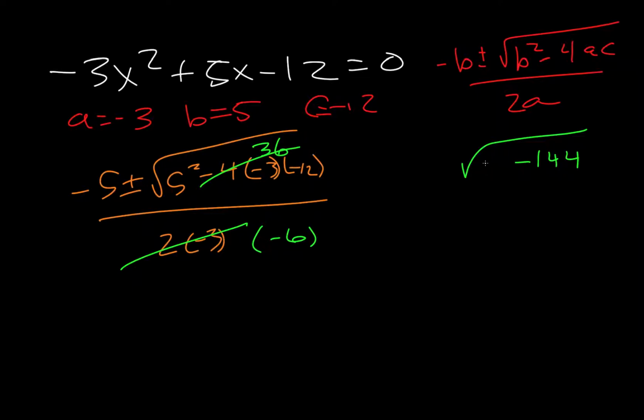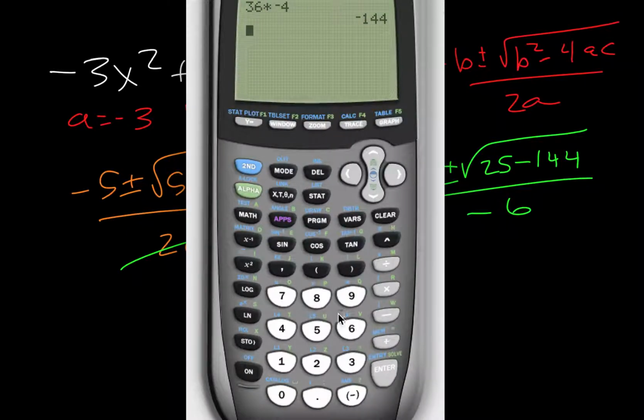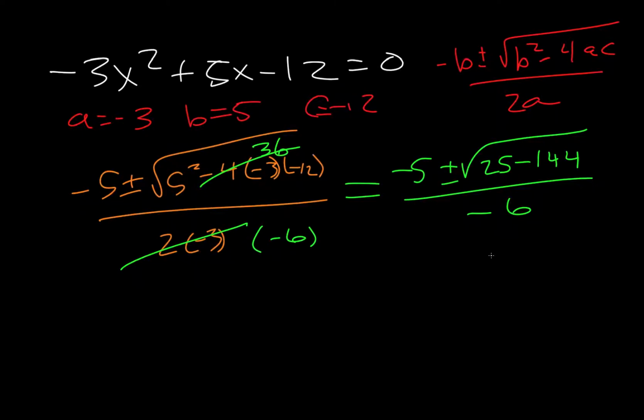And then this would be 25. Okay, now we simplify under here. So we have our -144 and 25 minus 144 gives us -119.